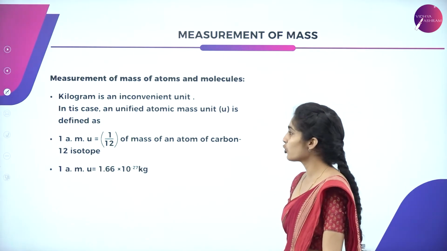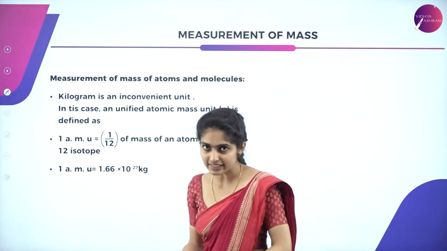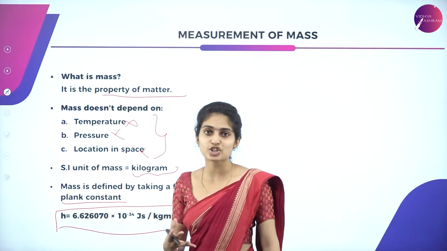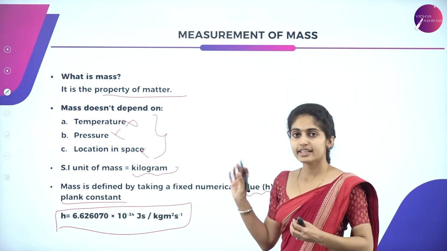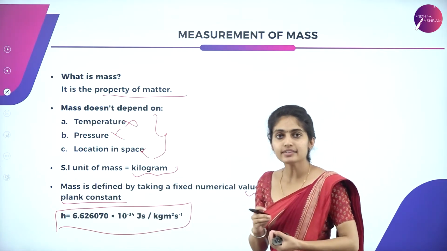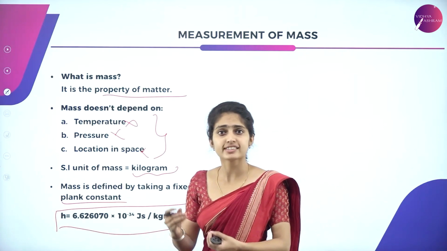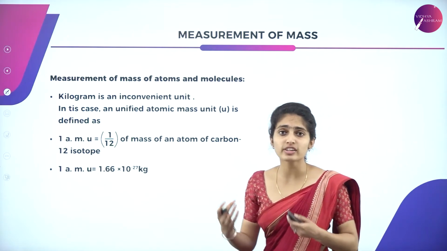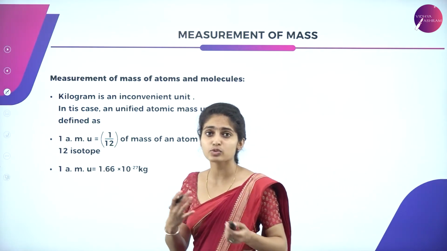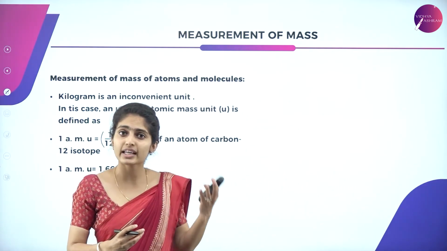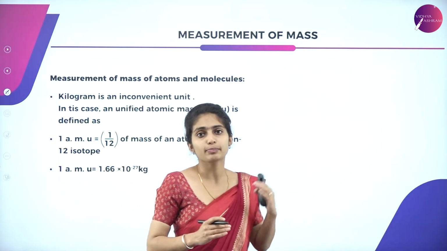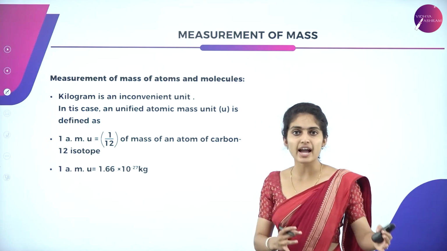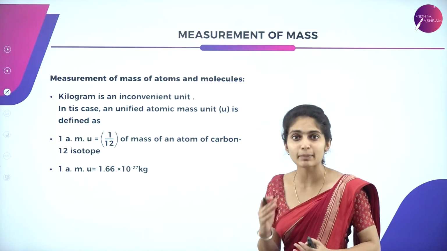Next, we go to the measurement of mass again. In the previous slide we studied the measurement of mass, which applies to matter of a certain size range that can be measured. In the case of very small particles like atoms or molecules, we have to adapt to another method. What method is used to measure the mass of atoms or molecules, that is, tiny particles?